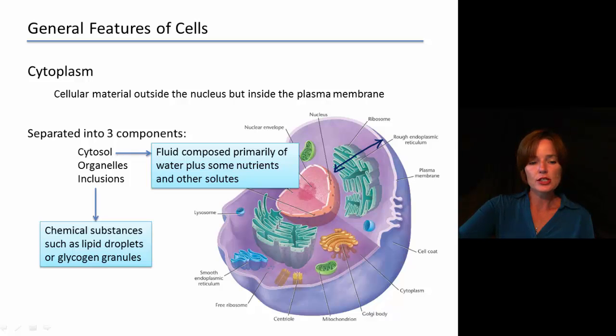And then the inclusions are going to be chemical substances that you just find kind of in droplets or granules throughout the cytoplasm. So these might be lipid drops, they might be glycogen granules, so that's a polysaccharide that we would find there. And again, those come in a variety of different forms, and they would be present in the cytoplasm.